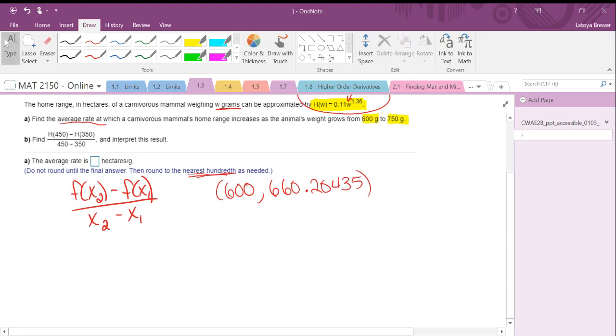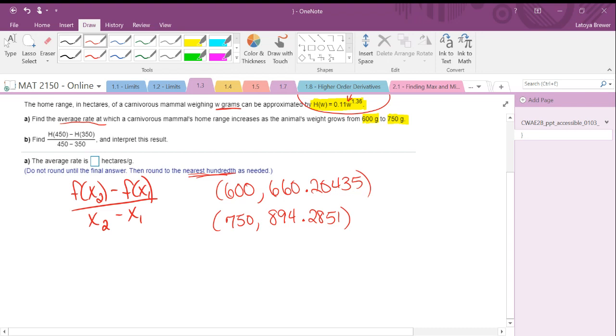And then for my other ordered pair, I'm going to take that 750 and do the same thing. Take 750, plug it into that function up above, the same process, just a different input. And when I substitute 750 into that function, my output is 894.2851.